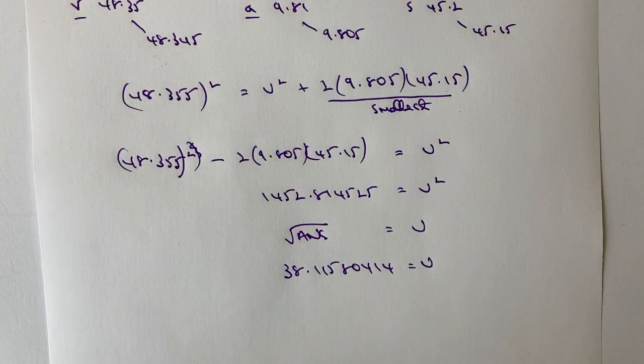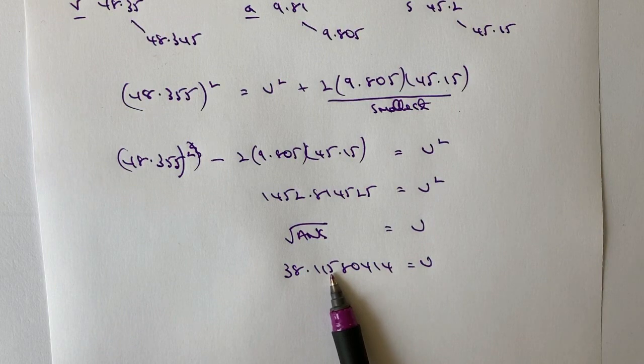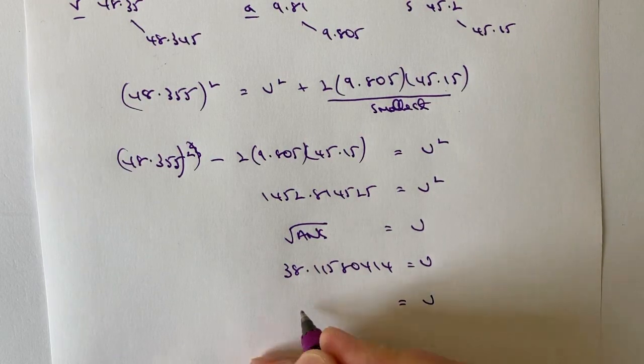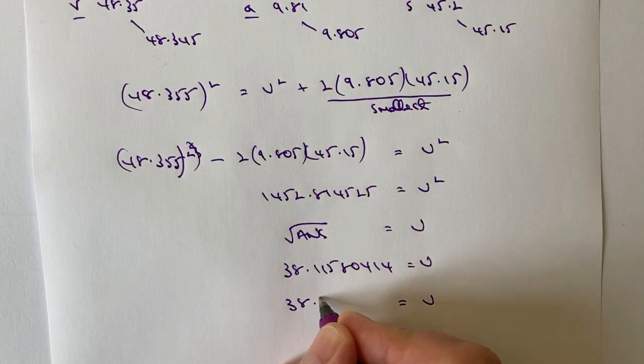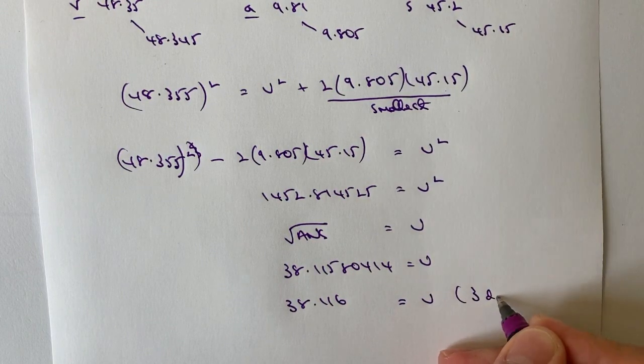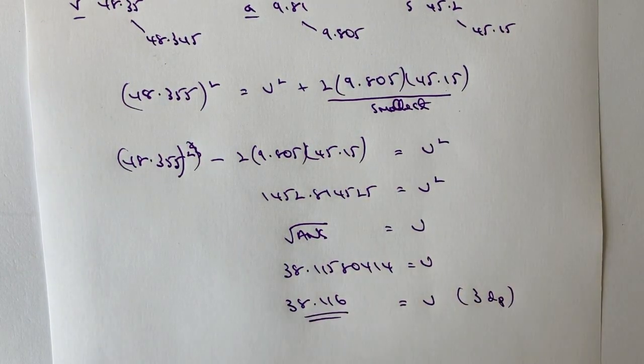So the third decimal place is going to change to 6 because of the number afterwards, which is above 5. So the value of u will equal 38.116, and that's to 3 decimal places, and that would be the answer.